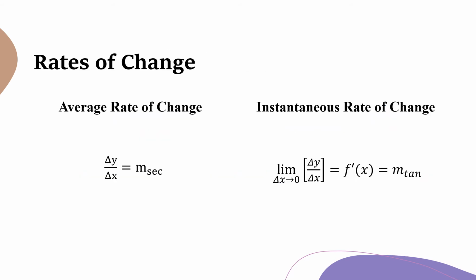So we've talked about the average rate of change and instantaneous rate of change before, where we found the average rate of change by finding the slope of the secant line. And we've said that the instantaneous rate of change will be the slope of the tangent line. But up until now, we didn't have a way to actually find it.